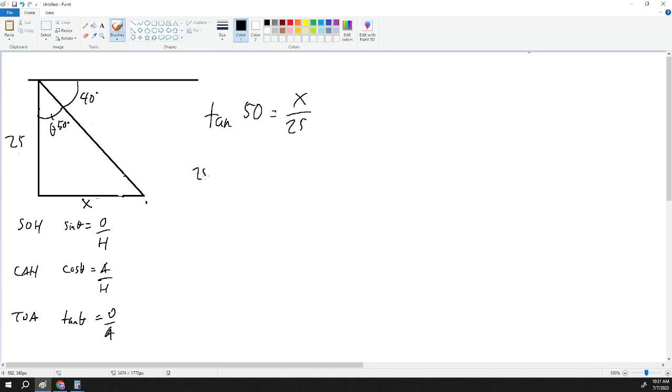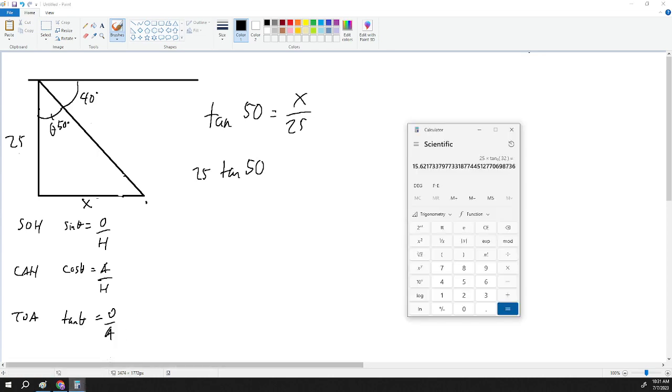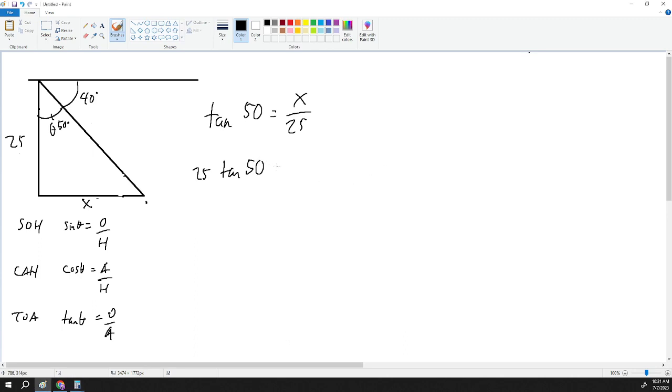Multiply both sides by 25. We have 25 times tan 50. We have 29.79.